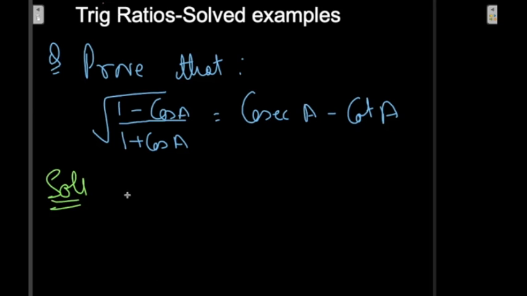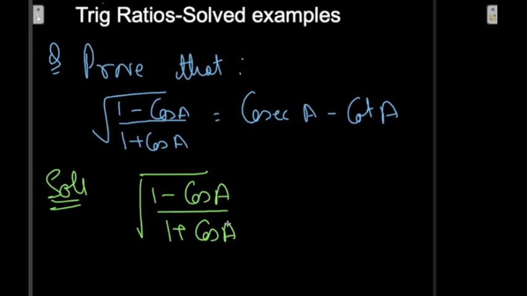Solution. First, take the left hand side. We will take the left hand side and do some operation on it, and bring it to the same form as given on the right hand side. Whenever we have an expression like 1 minus x over 1 plus x, the first thing it suggests is that we rationalize it.